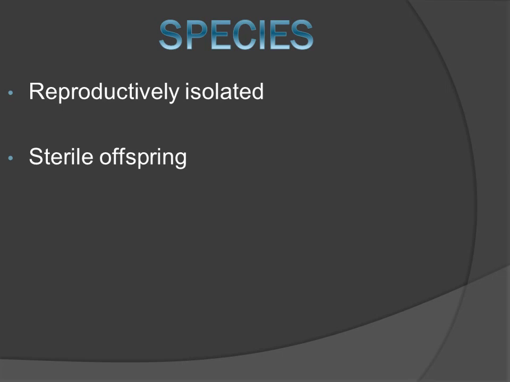So species is a group of organisms with similar morphological features, and it is reproductively isolated from other species. Is it fine? And it produces fertile offspring. In certain cases, one species is crossed with a closely related species, and it will produce sterile offspring. Alright. So now let us see the examples for sterile offspring.